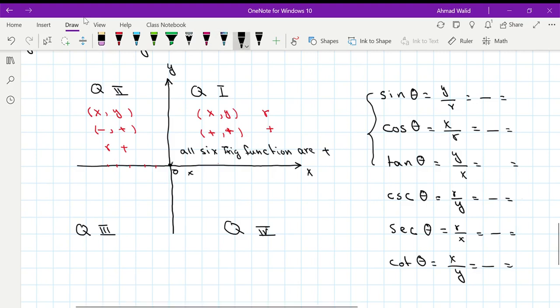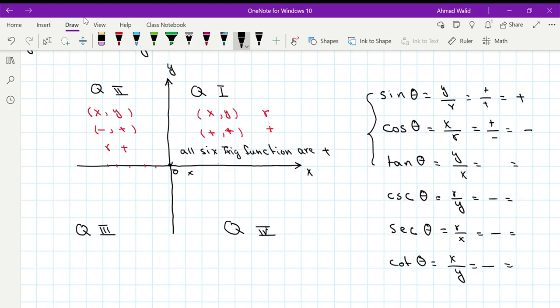Now, sine theta means y over r. You see your y in quadrant 2 is positive, correct? R is positive. It means sine is again positive. Cosine is x over r. It means positive over negative will give you negative.